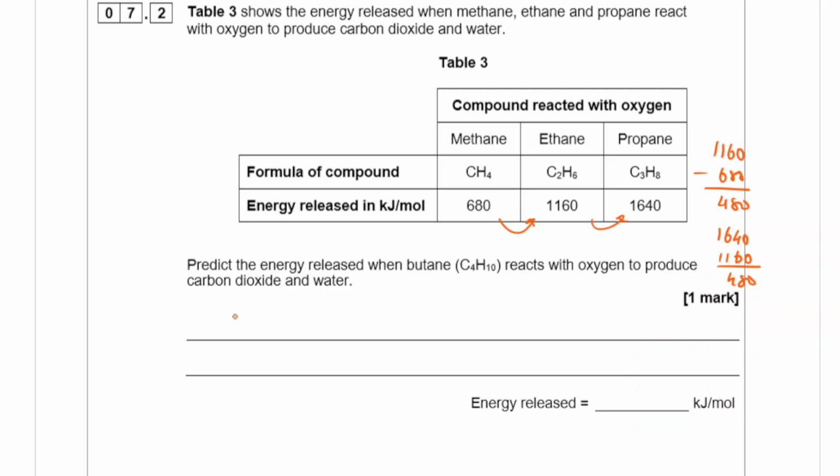So all I have to do is add 1640 plus 480, which will give me 2120. It's going up by 480 kilojoules per mole.